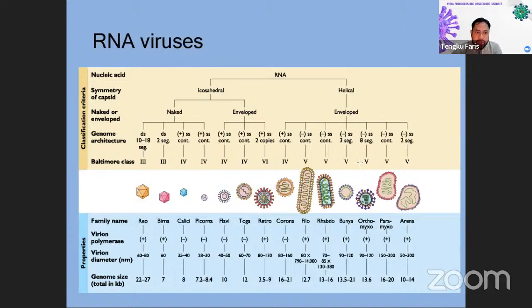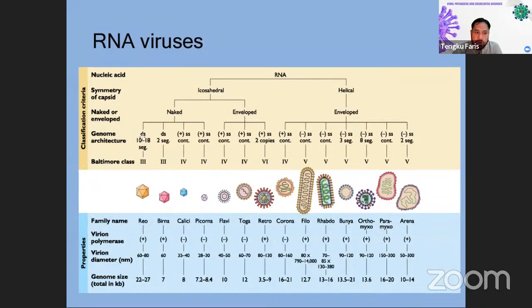The most interesting thing about viruses is that they each have their own characteristics. And it's important for you to know which structure and what type of disease they are causing. Okay, so you don't need to know about this DS10 or the genome architecture.